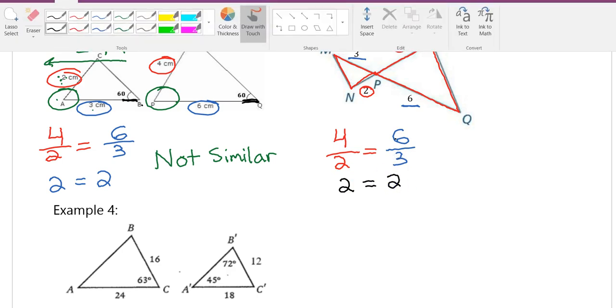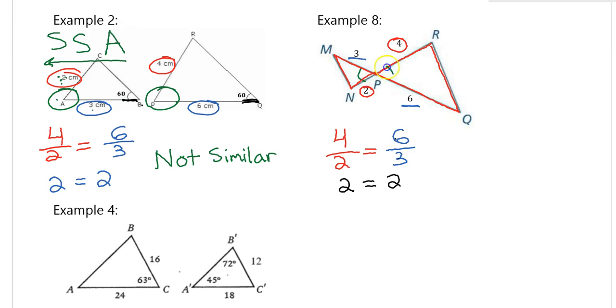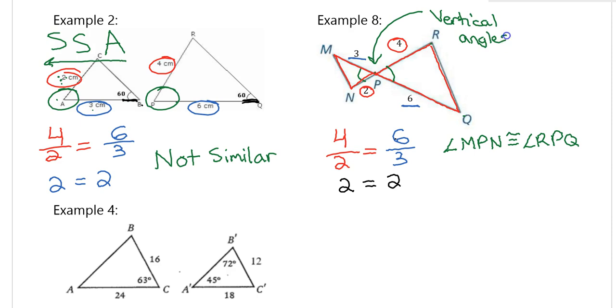Now I need to look into my angles. So I want this angle and this angle. Can I say those two angles are congruent? I can. Angle MPN is congruent to angle RPQ. How do I know that these two angles are congruent? Remember, those are vertical angles, so I can say those are congruent. Okay? So I have my two sides, and the angle between those two sides.